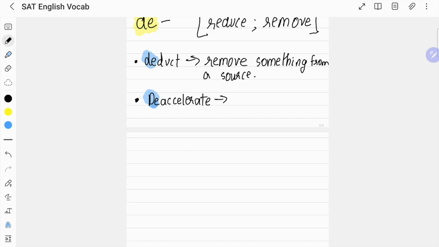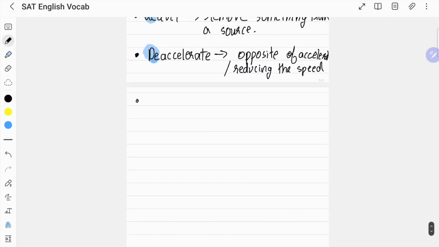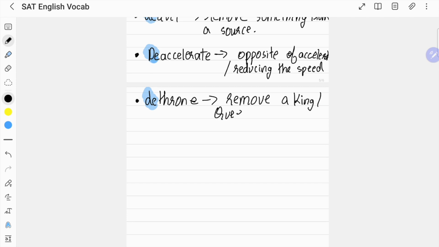Which means it's the opposite of accelerate. It could mean also reducing the speed. Alright, let's say you want to dethrone a king. So this means to remove a king from a throne. Remove a king or queen from its throne.